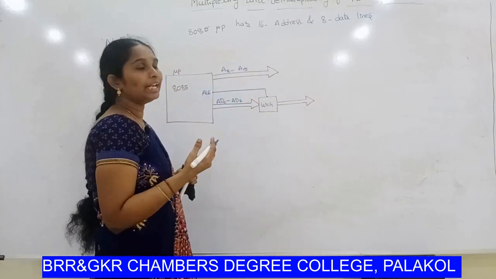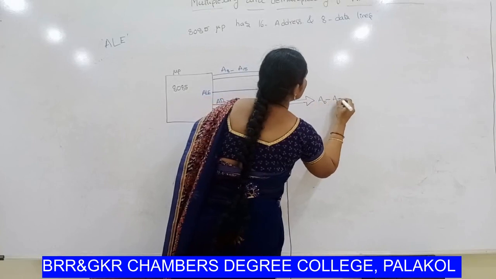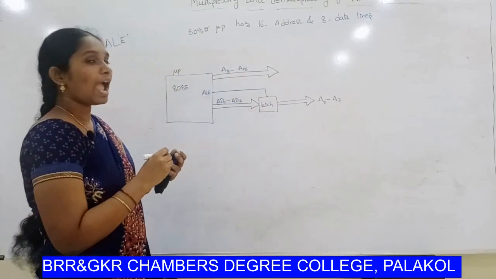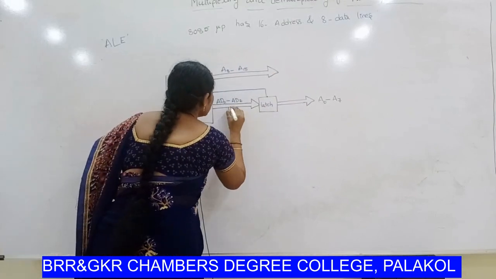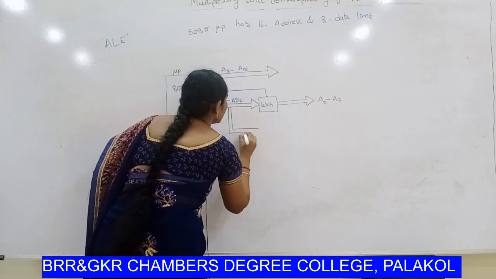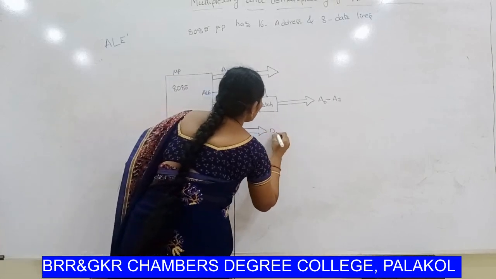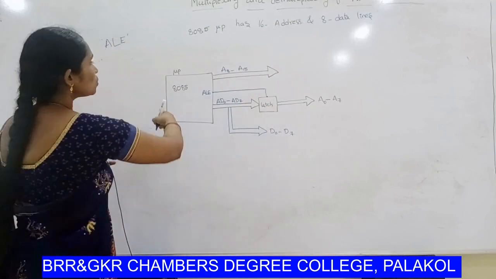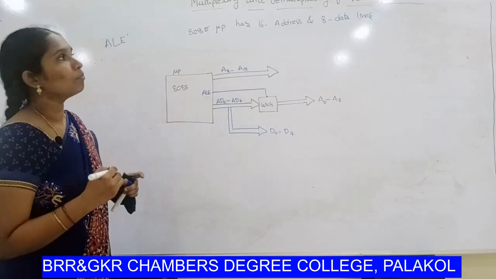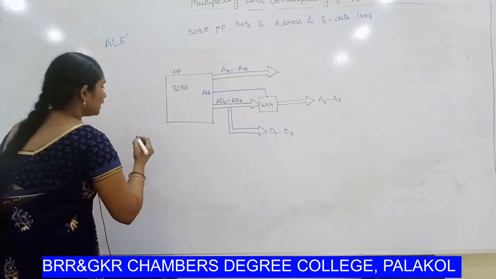The early part will carry the address lines, that is A0 to A7, and the late part will carry the data lines, those are D0 to D7. Okay, so this is the diagram of demultiplexing of address and data lines.